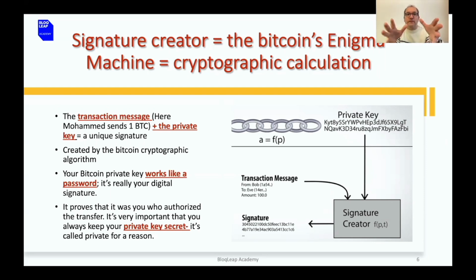The point of cryptography here is that no one can reverse this transaction or change the data inside it. I always say to my students, inside the Bitcoin ecosystem, you've got a type of Nazi Enigma machine, but the difference is that this Enigma machine in Bitcoin is way better. And in this slide, this Enigma machine is called a signature creator.